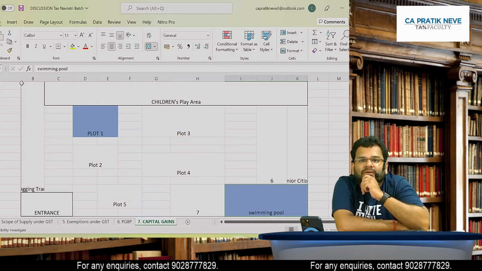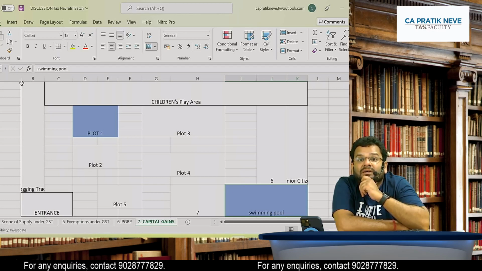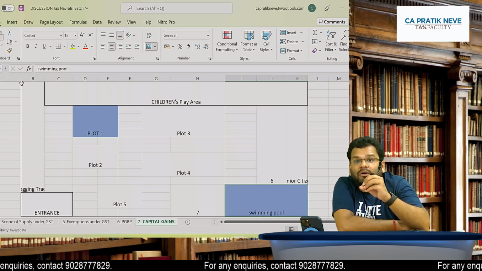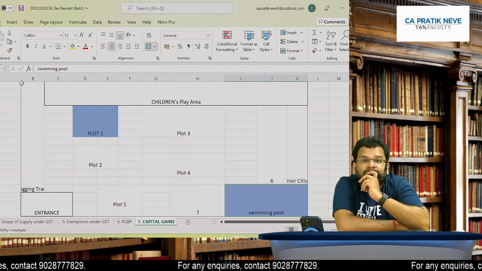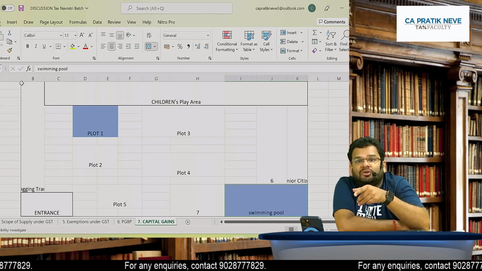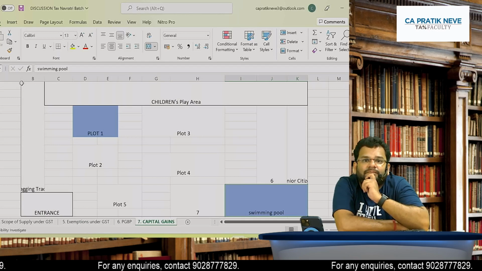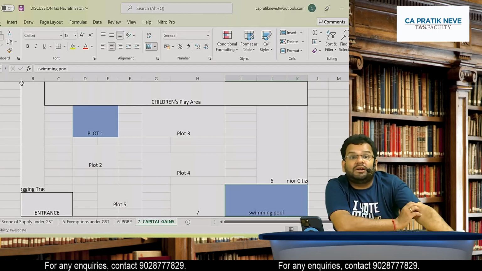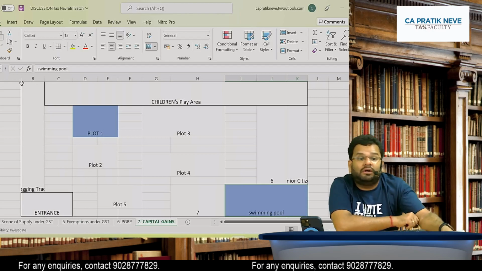So what happened is, in 2017-18 I decided that I will do a plotted project on this. So in 17-18 there is conversion of the capital asset into stock in trade. Did you understand? And in 21-22 I sold 7 plots.